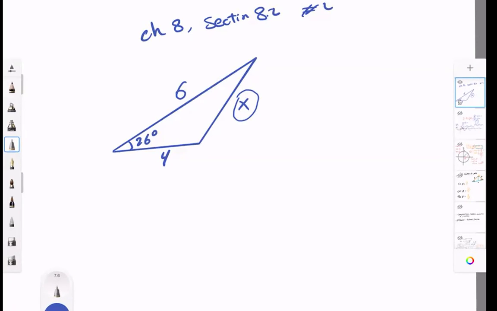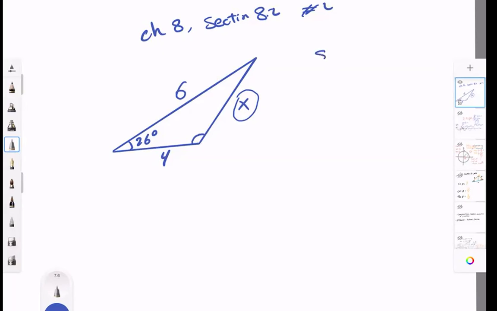So we have to use law of sine and law of cosine. Before we use law of cosine, we try to use law of sine. Can I use law of sine here? Lindsay, can I use law of sine? No. No. Yes. No. We try.